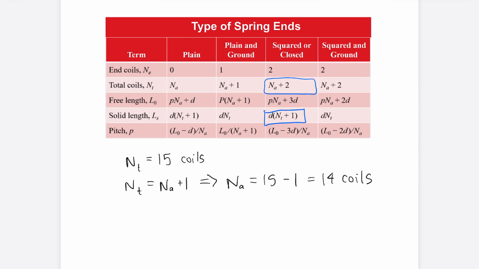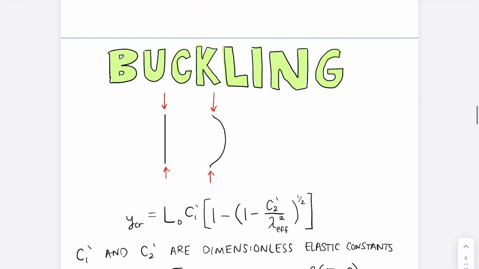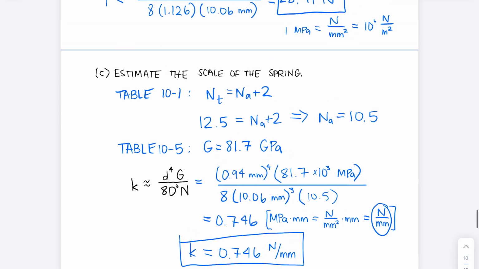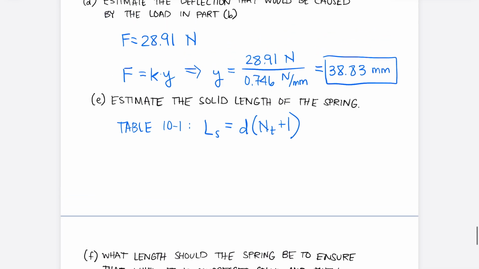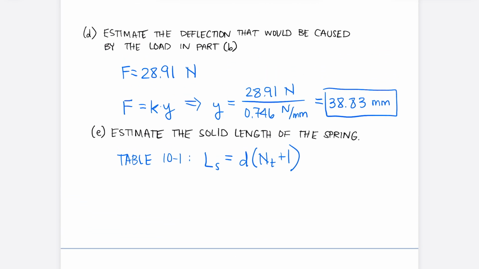So here's our equation. The solid length of the spring is equal to wire diameter times the number of total coils plus 1. So let's put this down here where we're working.